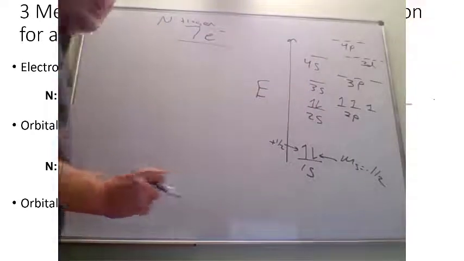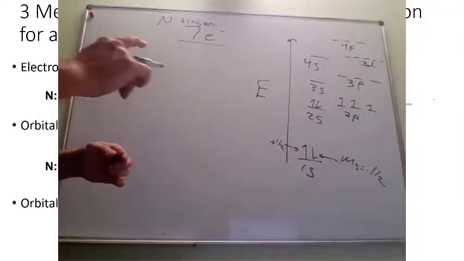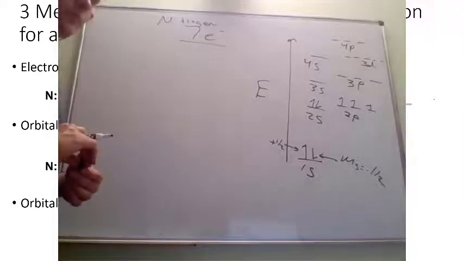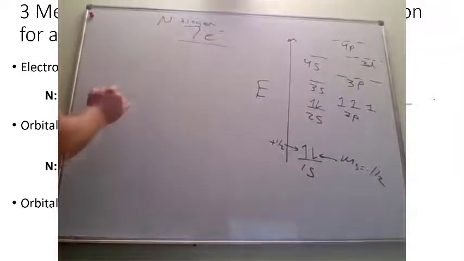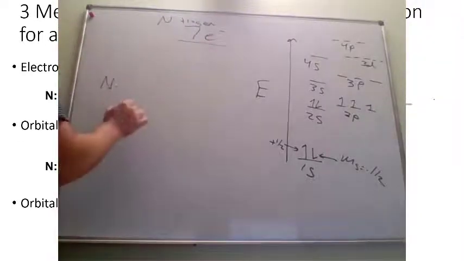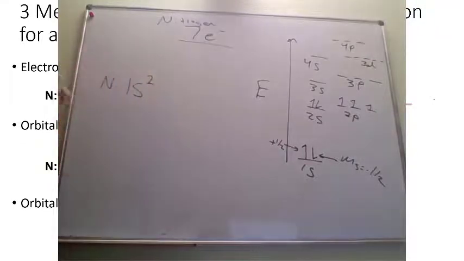The other 2 ways that we can express electron configuration start with the first one listed up here, which is an electron configuration list. Here we simply write which orbitals have electrons, and we write the number of electrons in each as a superscript. So we can say nitrogen has 1s2, saying that there are 2 electrons in the 1s.